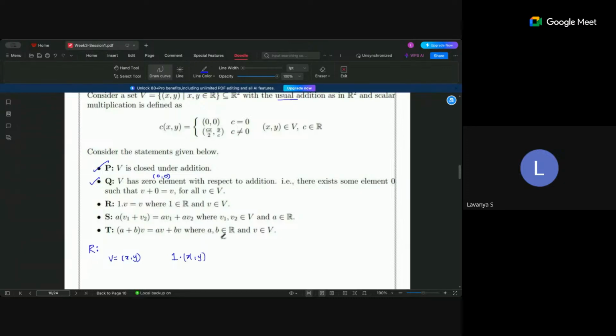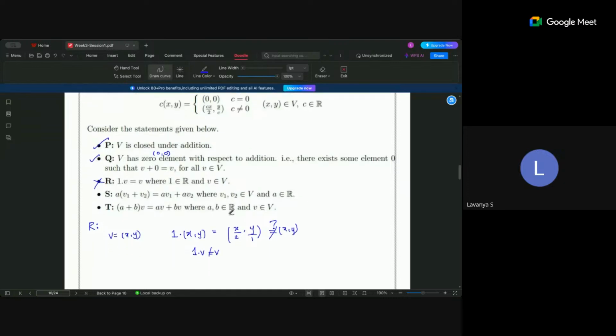According to this definition, it is (x/2, y/1). Is this equal to (x, y)? No, this is not equal to (x, y). So 1 dot v is not equal to v, so this statement is not correct.